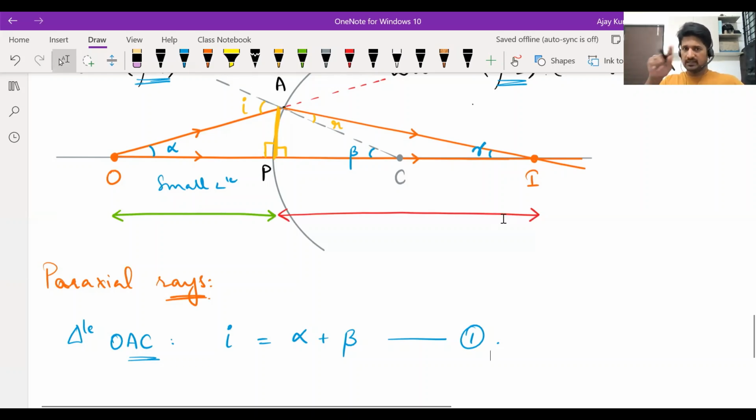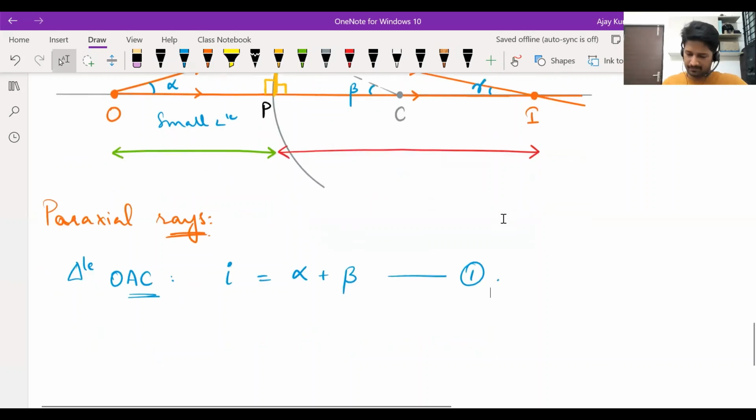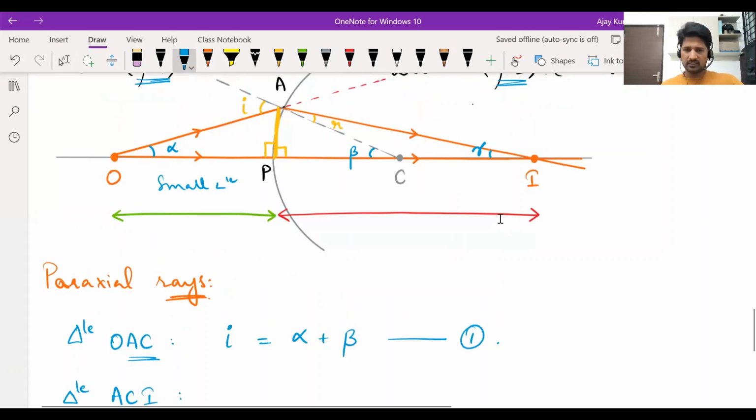So now look at the other triangle ACI. Isha, tell me in the given diagram, for the triangle ACI, which is the external angle? Which angle is outside the triangle? Rishi, can you tell which is the external angle for the triangle ACI?